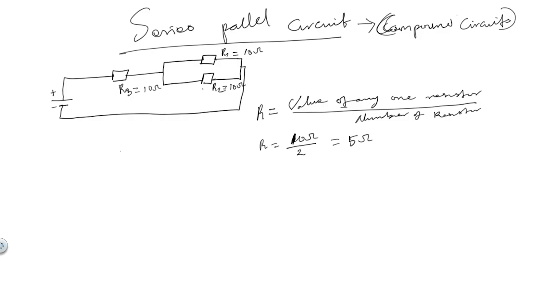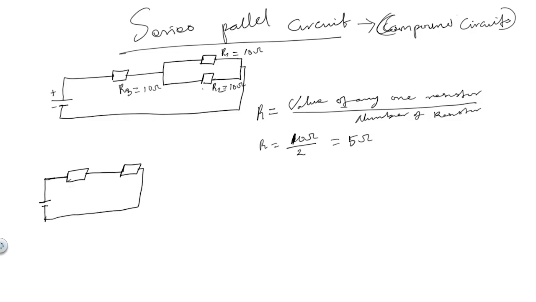So I said earlier that we would have to reduce the compound circuit to a simple circuit. So we will now redraw the circuit, having known the total resistance of those resistors in parallel. Now reduce it to this form. This is what we now have.